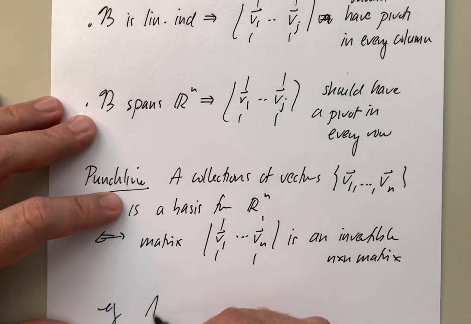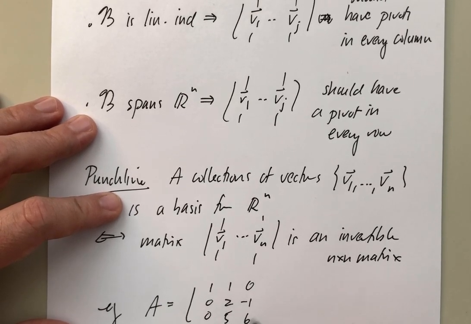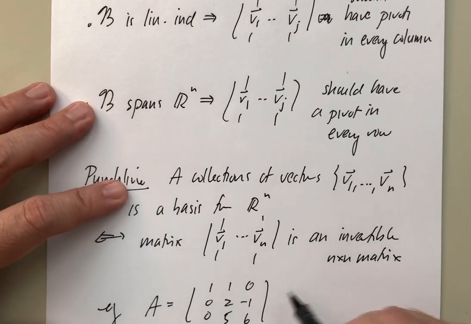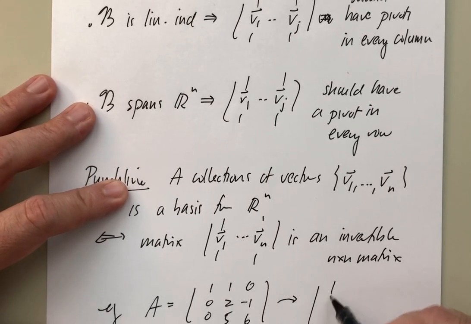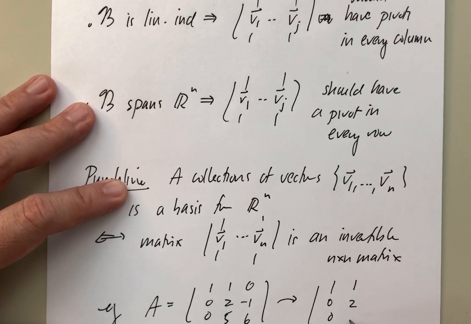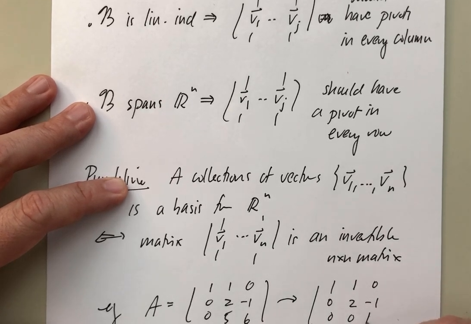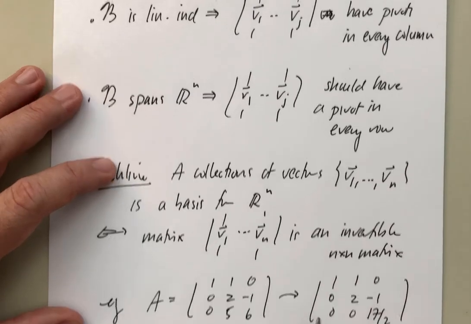So let me just take an example. If, I don't know, let's take 1, 0, 0, 1, 2, 4, 0, minus 1, 6. Well, so this guy reduces to 1, 0, 0, 1, 2, 0, 0, minus 1, and then I don't know why I chose this, but this should be, let's see, I want minus 5 halves, so that's 5 halves plus 12 halves, 17 halves, but it's non-zero, I've got 3 pivots.